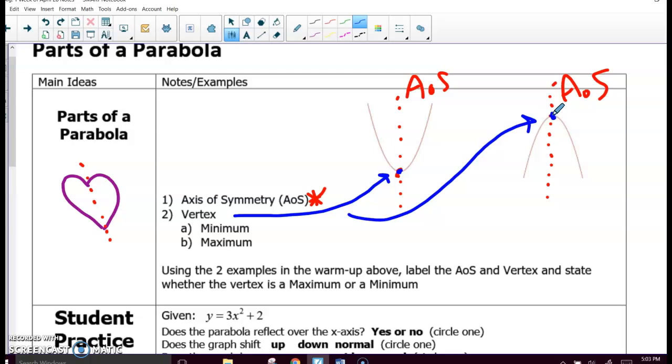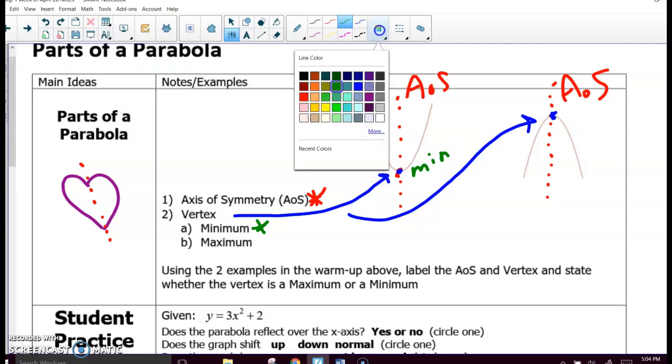The vertex can be more specifically called a minimum or a maximum. Minimum means it is the lowest point on the graph. So as you'll see in my first parabola, that vertex is a minimum because it is the lowest point.